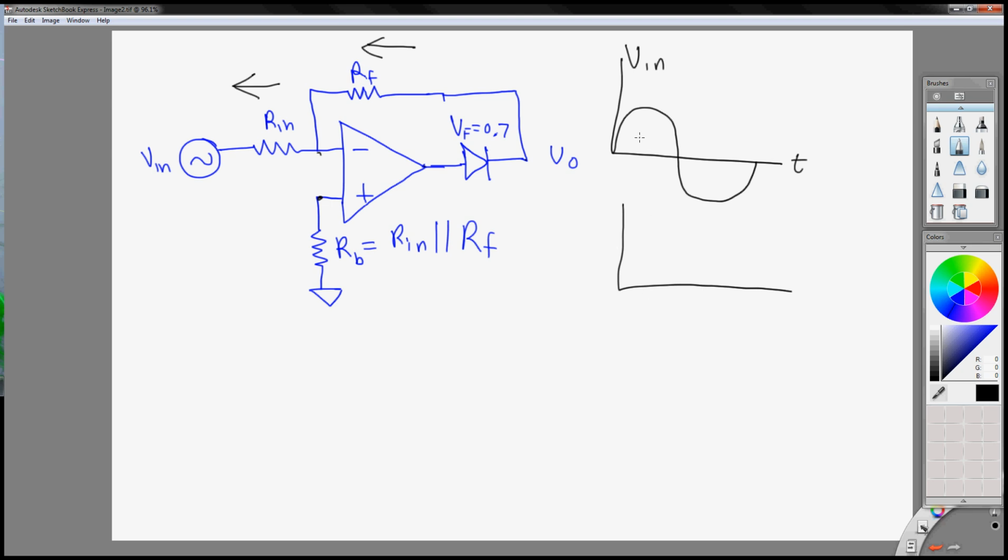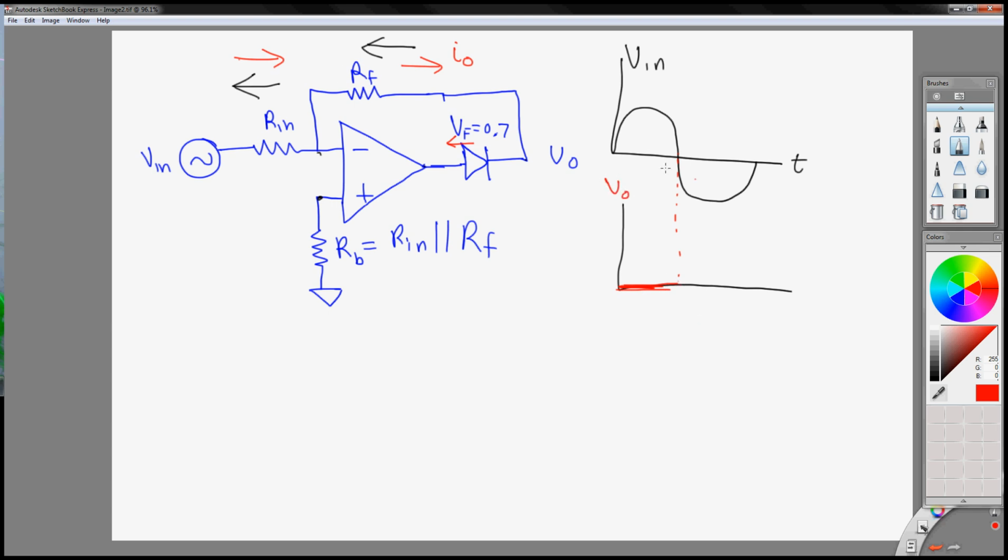During the positive cycle, the current is flowing the other way, this way, but current cannot flow this way since that's the reverse bias, and that means there's zero current at the output. So my output is 0 for that positive cycle. This is Vout, by the way, 0.